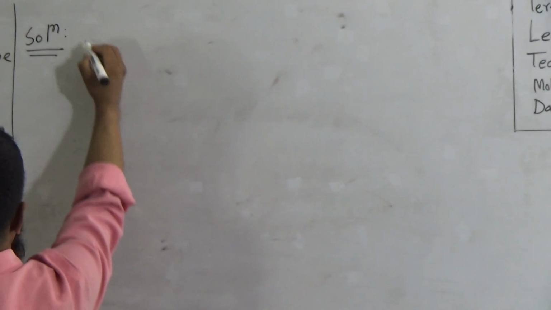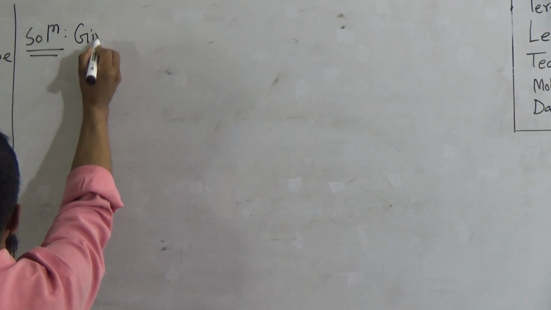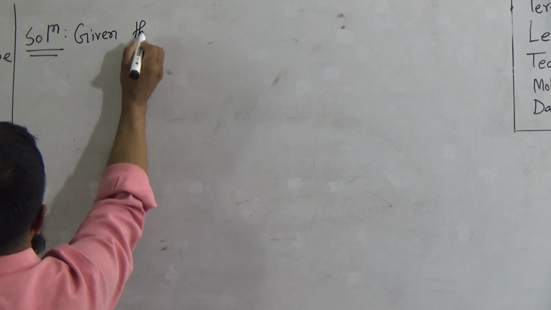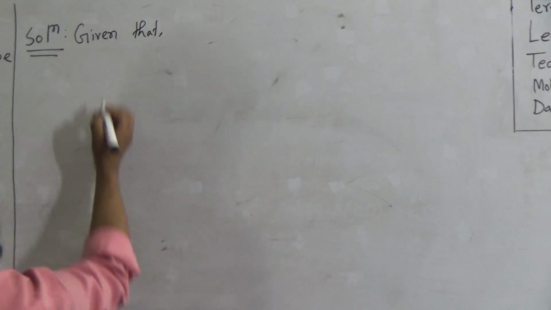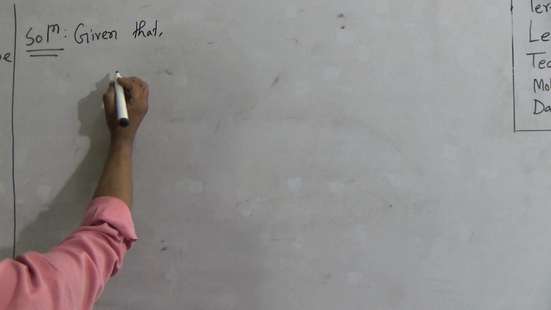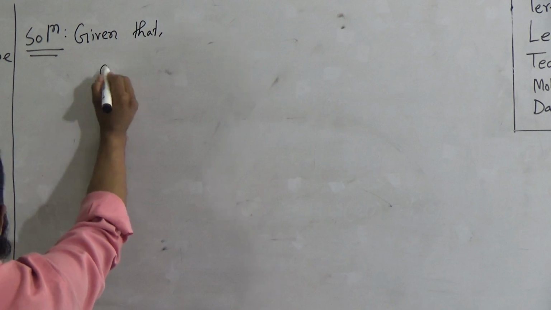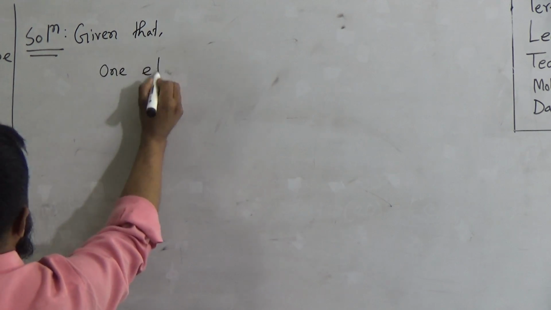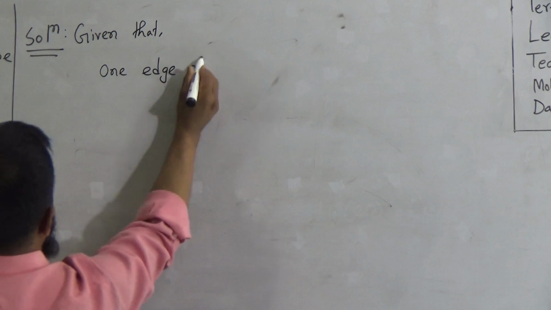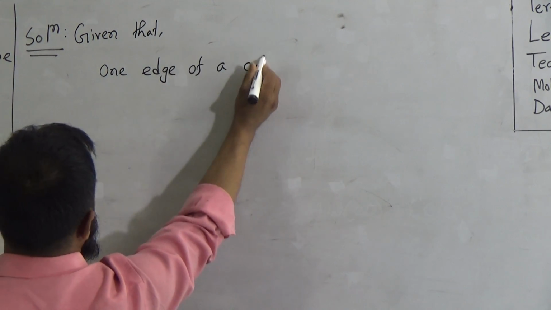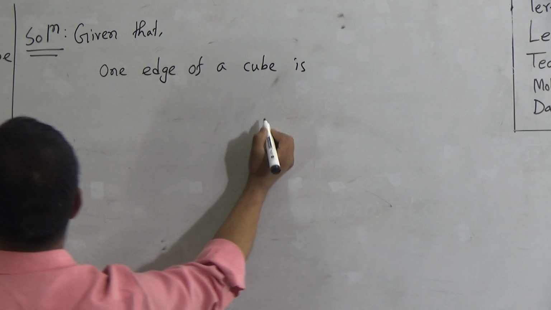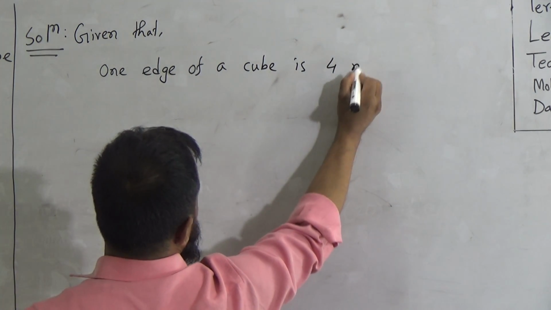Given that one edge of a cube is 4 meters.